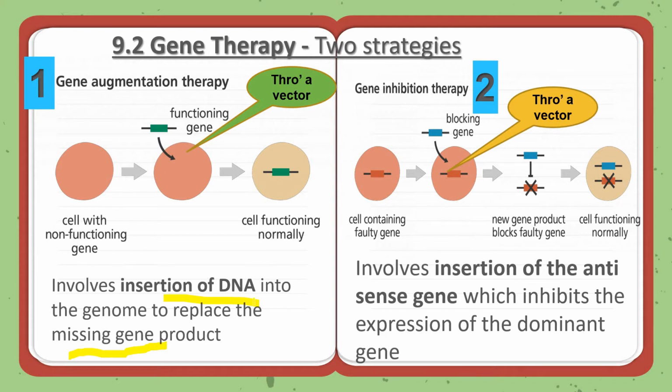But in the case of the second one, gene inhibition therapy, it involves insertion of an antisense gene which inhibits the expression of the dominant gene. So in the second one, we suppress the effect. But in the first one, we introduce the functioning gene and it expresses to produce the cell functioning normally. This is about the two strategies.